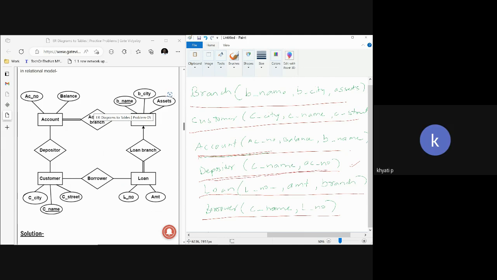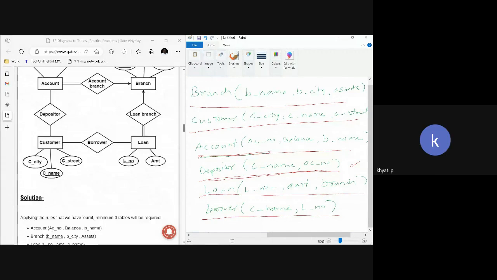No, you have to create it. Anytime you're creating these tables, all of them should be created by you. Okay, got it, thank you.